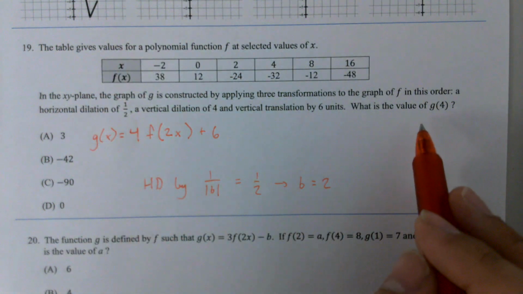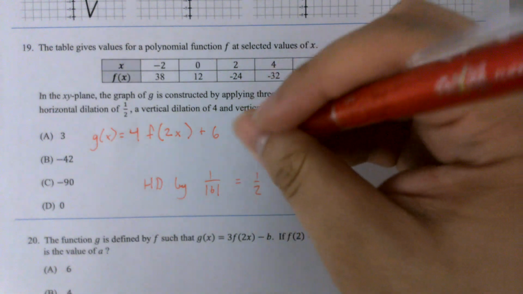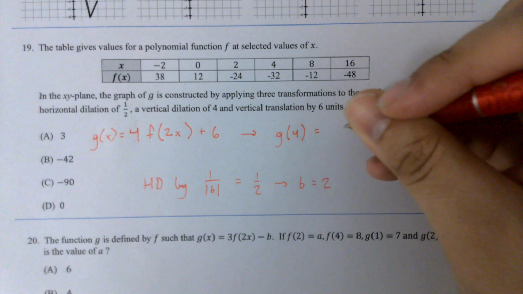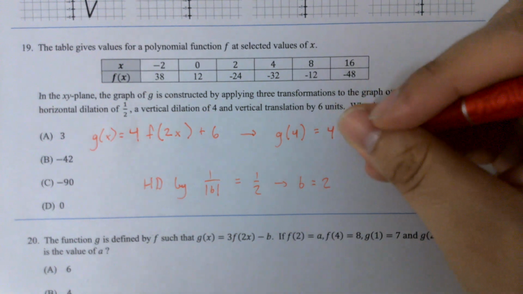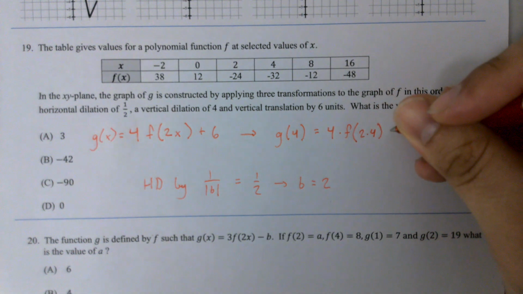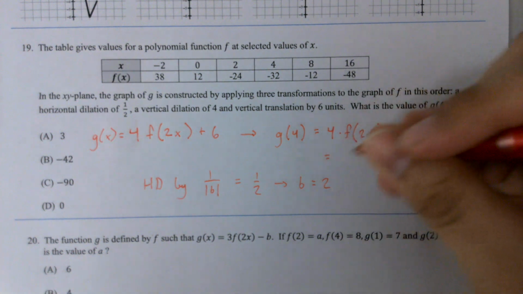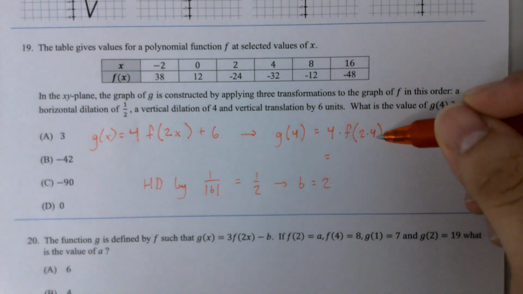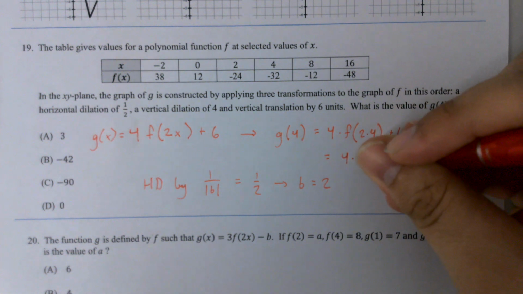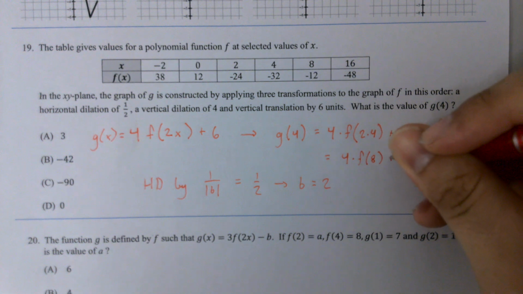And so if we want to find the value of g of 4, well, g of 4 is equal to 4 times f of 2 times 4 plus 6. Well, 2 times 4 is 8, so really this is 4 times f of 8 plus 6.